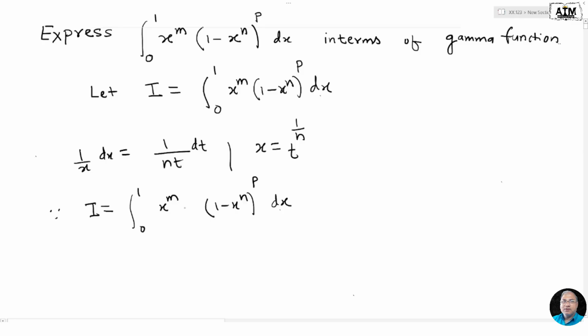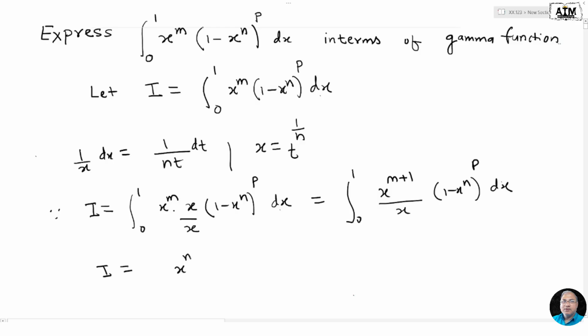Now in the given problem, multiplying and dividing by x, this becomes integration 0 to 1 x raised to m plus 1 divided by x, (1 minus x raised to n) whole raised to p, with respect to x. So I can be written as x raised to m plus 1, (1 minus x raised to n) whole raised to p, of course integration 0 to 1, and 1 upon x dx.